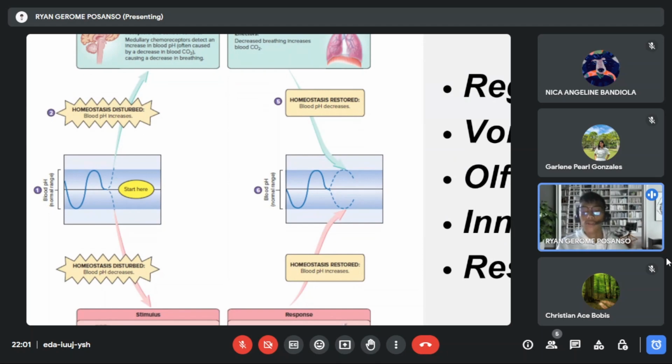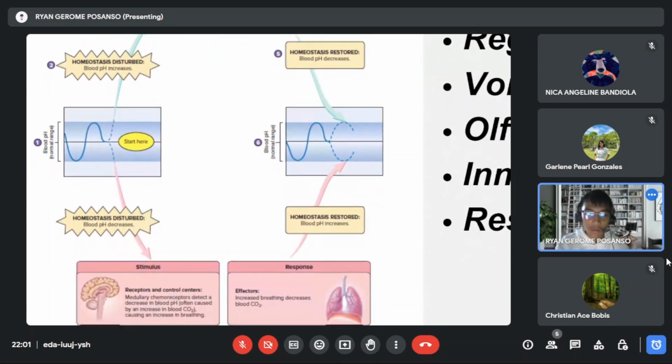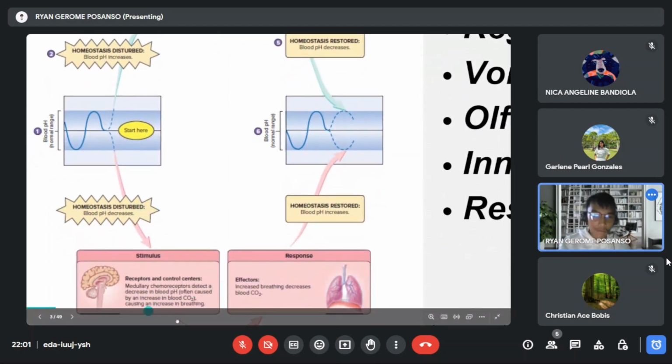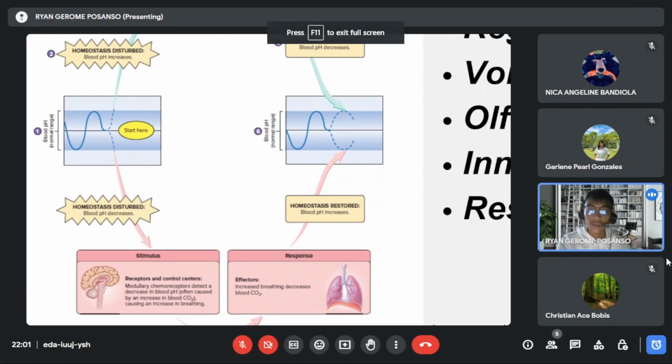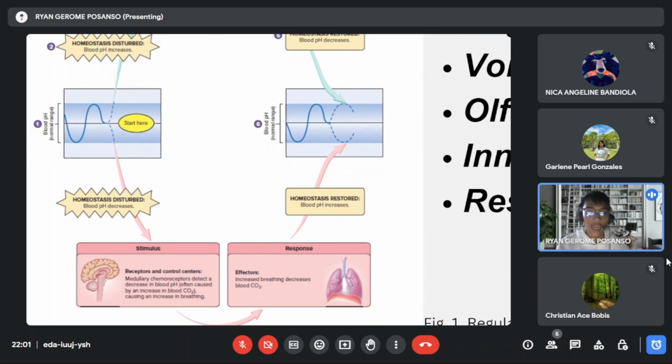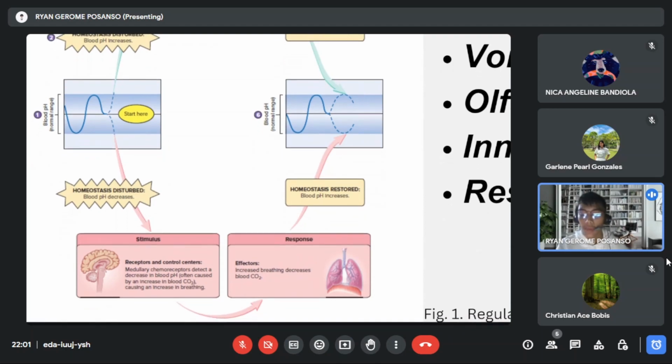Conversely, when CO2 levels decrease, as you see here, less H2CO3 is formed. H2CO3 is carbonic acid, so this leads to a decrease in hydrogen ions and an increase in blood pH.